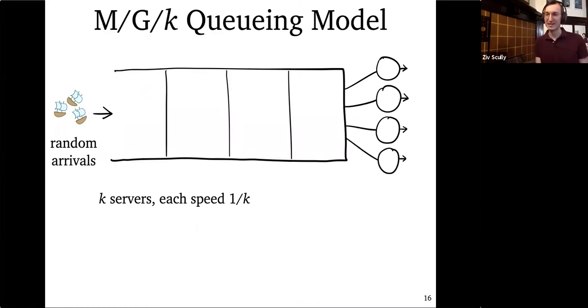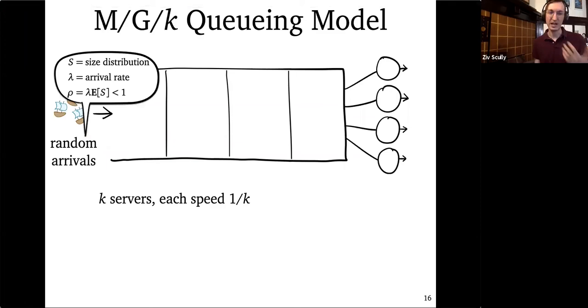What this means is that the total speed of all the servers is 1, so I can use the same notion of size distribution, arrival rate and load. I still have a stability condition: the rate at which work arrives has to be less than 1 for my servers to keep up. So it's fair to compare a k server system to a single server system. That's my M/G/k queueing model.